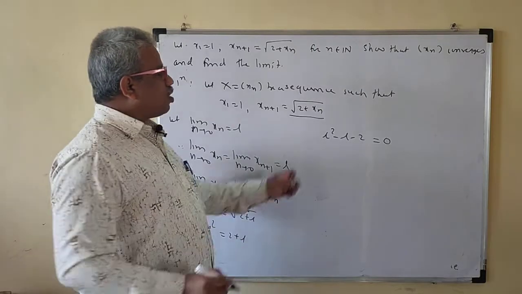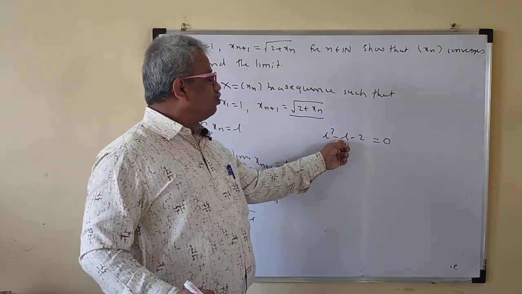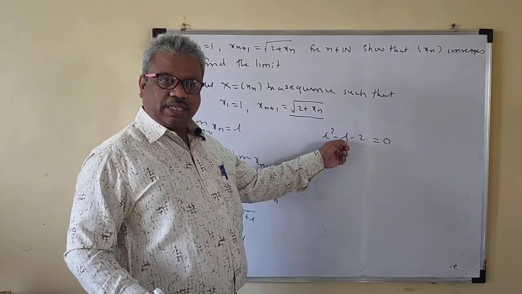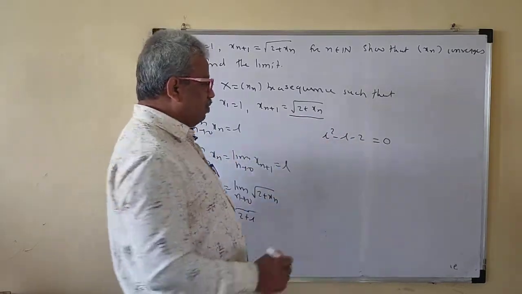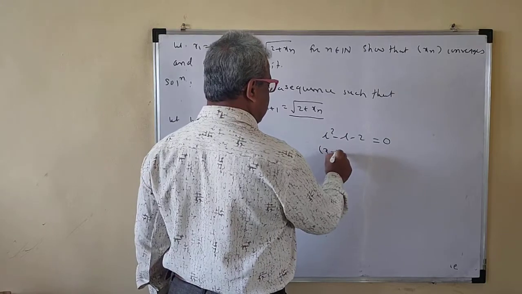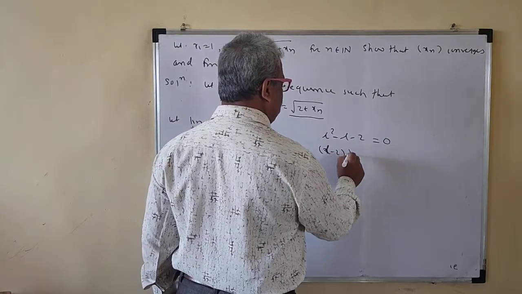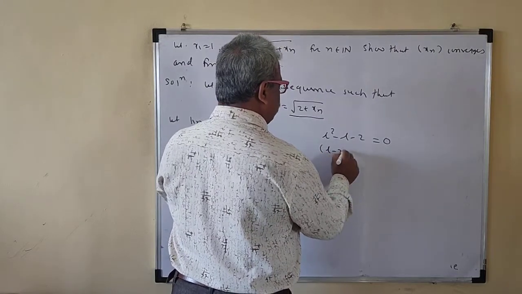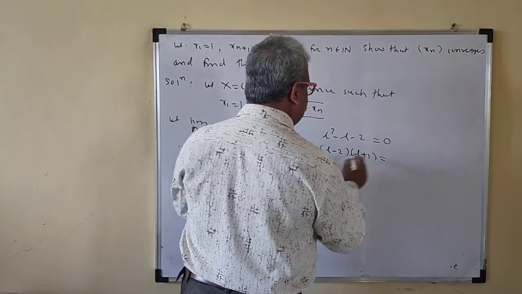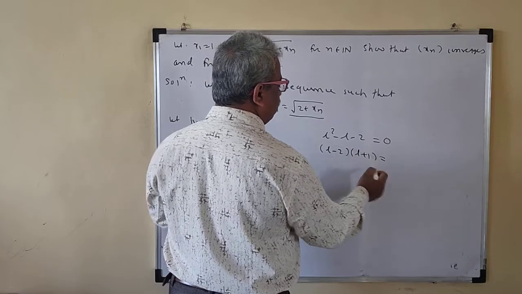Now the product is minus 2 and the sum is minus 1. So the factors are L minus 2 and L plus 1.